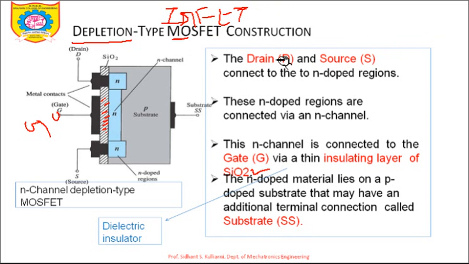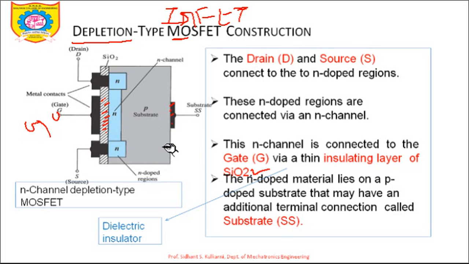The N doped material lies on the P doped substrate, which may have an additional terminal connection called the substrate. You can say this is an optional one. Some manufacturers will provide this substrate terminal, named SS.